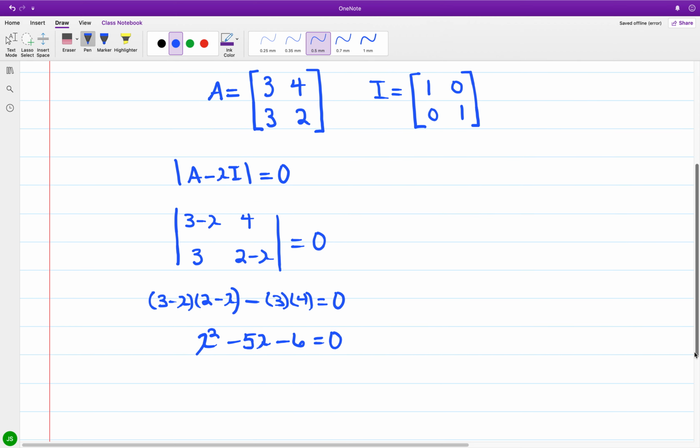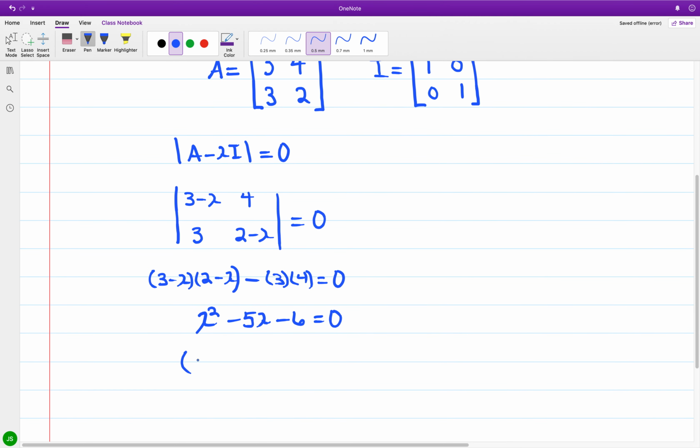Upon factoring, we have the quantity lambda minus 6 times the quantity lambda plus 1 equal to 0. Applying the zero product property, lambda 1 is equal to 6 and lambda 2 is equal to negative 1.